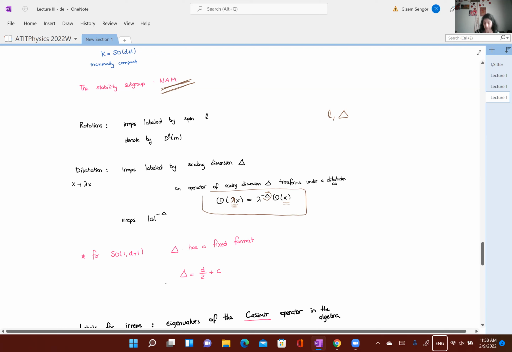This is not the only group that has these dilatations, but in this case, this scaling dimension has a fixed format. So the number D, in a physical sense the number of spatial dimensions we have, works into the scaling dimension. And then there's a more free piece.